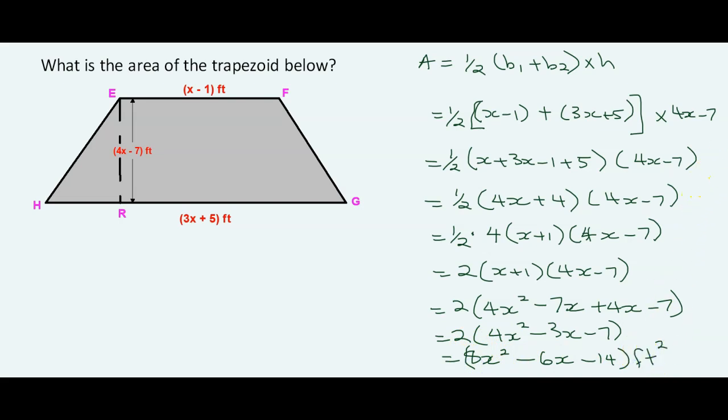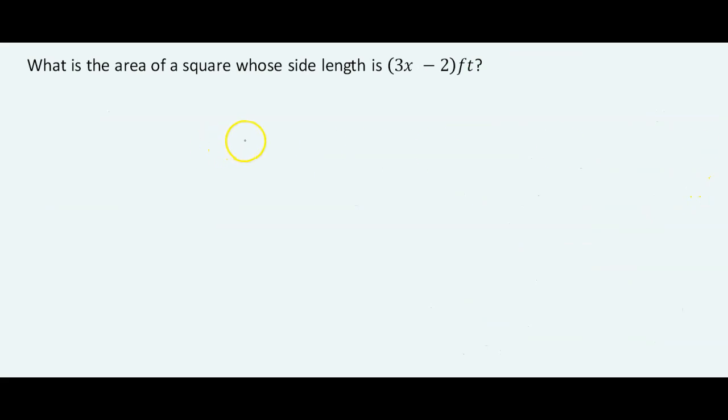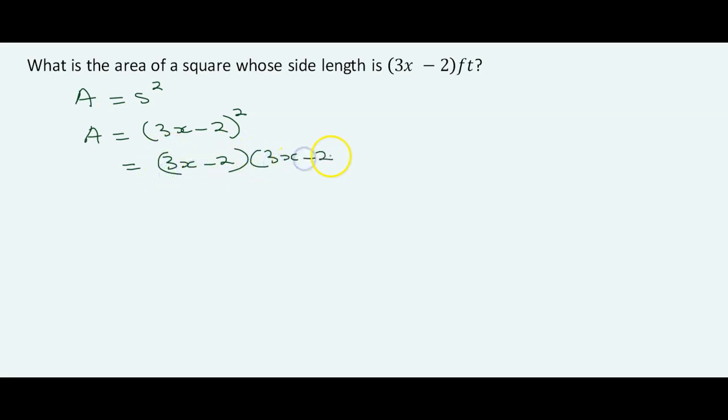And then our final example, what is the area of a square whose side length is 3x minus 2? The area of a square is side squared. So the area is going to be 3x minus 2 squared, which is 3x minus 2 multiplied by 3x minus 2.